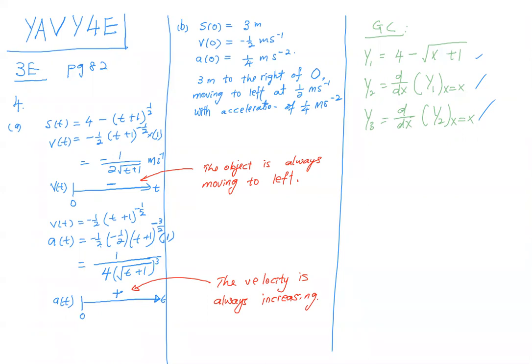Okay, can I move on to part C? They want you to describe the motion of the particle after 3 seconds. So the word after 3 seconds also means you talk about at 3 seconds.